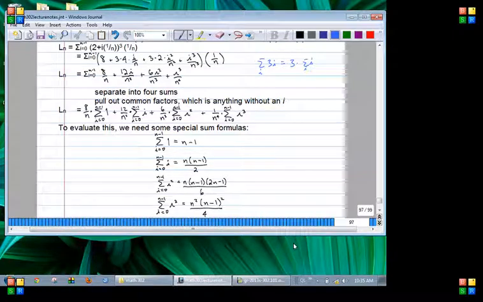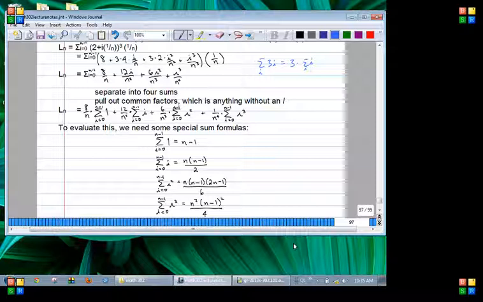So to evaluate this, we need some special sum formulas, and those special sum formulas are given to you right here. Notice that this is the sum of i raised to some power in each case. A formula exists for every single one of these. So we're going to work with the formulas up through i cubed.